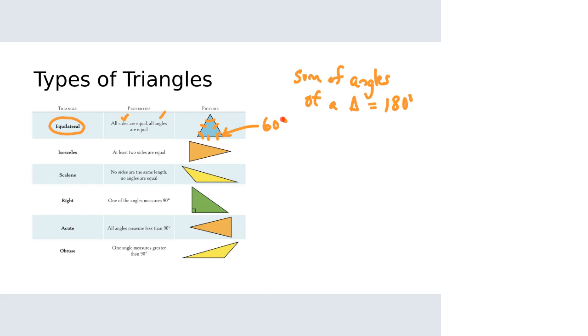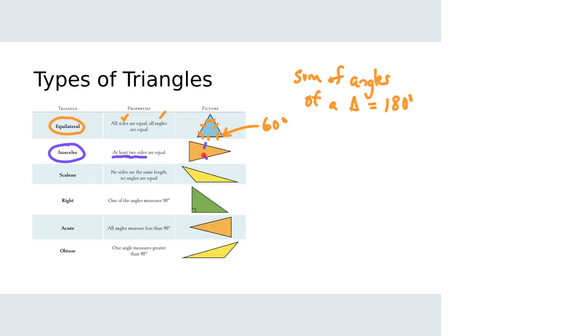Okay. Up next, we have an isosceles triangle where at least two sides are equal. And in this picture over here, we can see that it's those two sides that are equal to each other. A key word there is at least, because that creates a relationship between equilateral and isosceles that I'll just kind of leave laying there for right now.